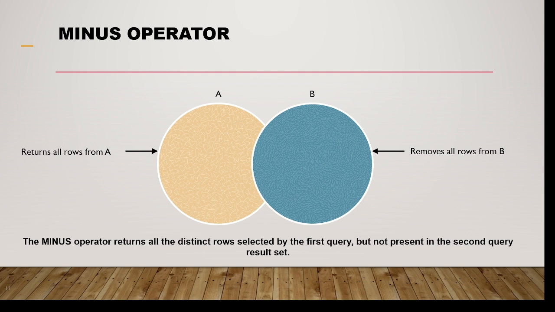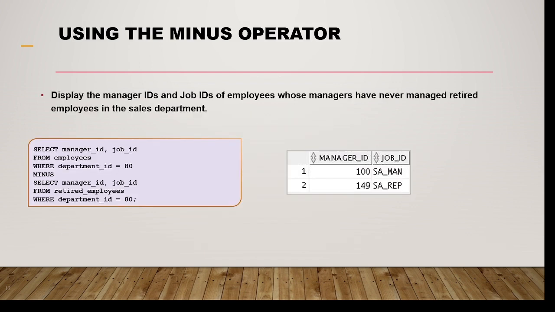If we come to the example, here you can see that the manager IDs and job IDs in the retired employees table are subtracted from those in the employees table. Now you can see the result set that is displayed, which shows the employees remaining after the subtraction.